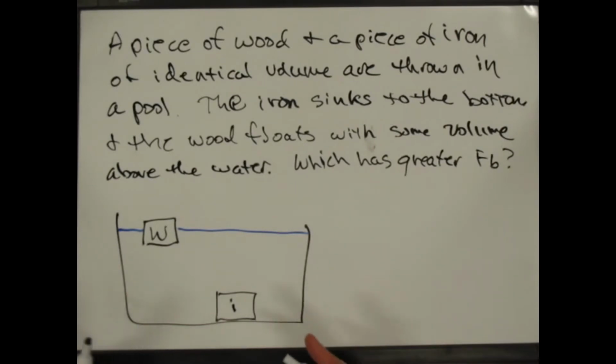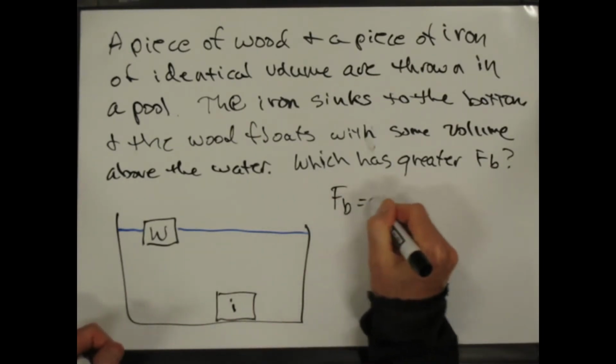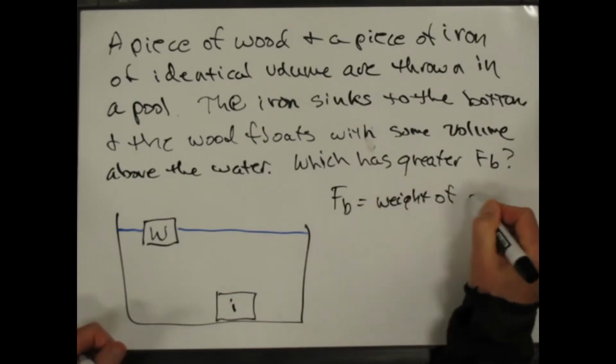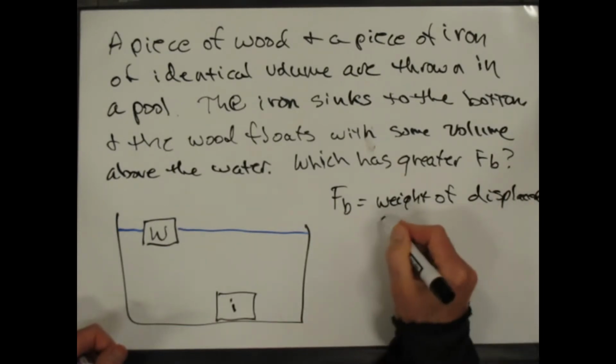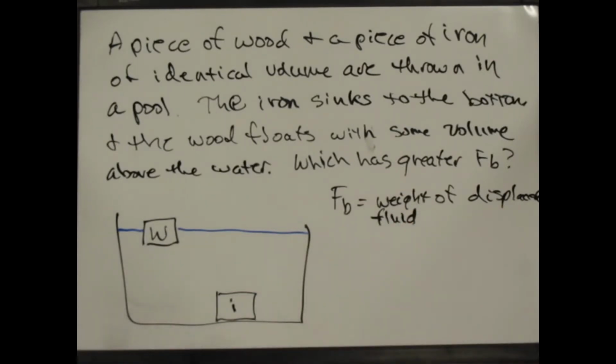So if you remember, Archimedes' principle is the buoyant force equals the weight of the displaced water. Or really just the weight of the displaced fluid, right? Because it doesn't have to be water.